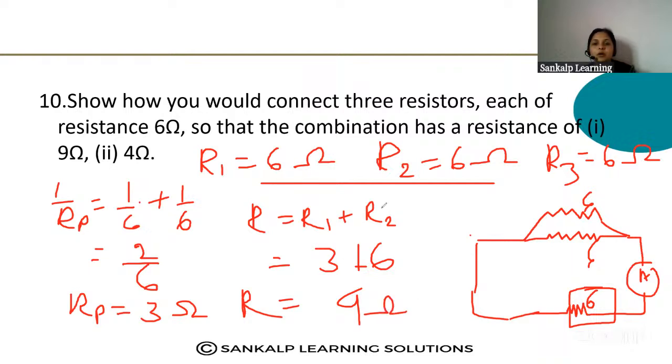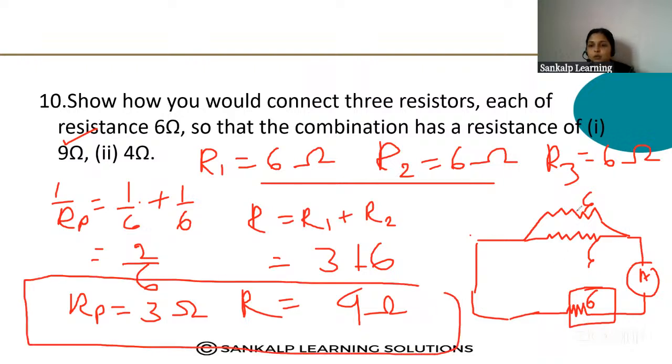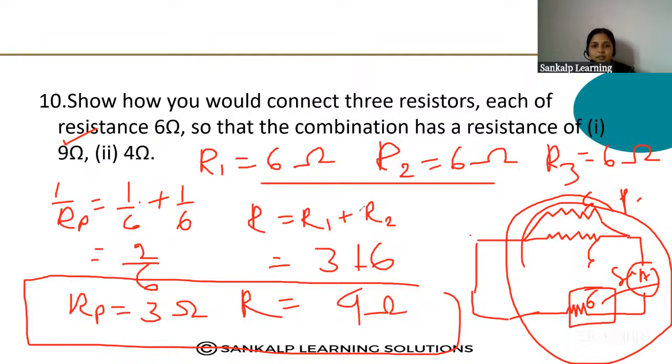So the first condition is solved. When two resistors are connected in parallel and one resistor is connected in series, the 9 ohm combination is possible. Two resistors in parallel and one in series, this combination should be done for 9 ohm total resistance.